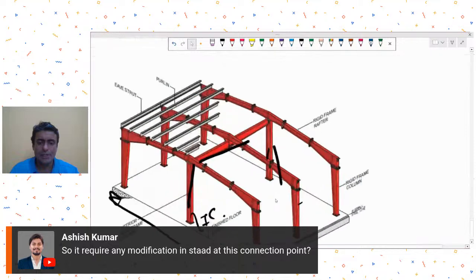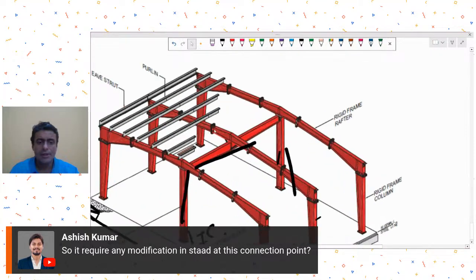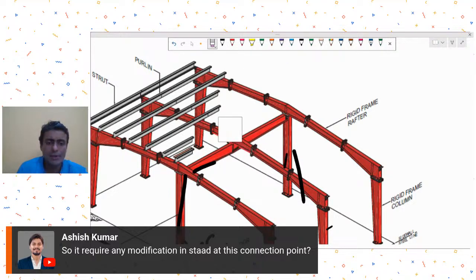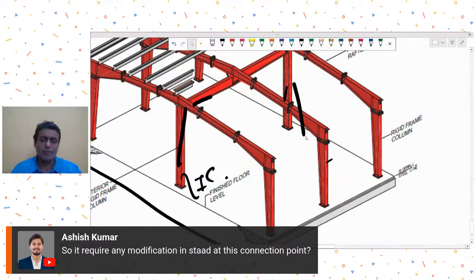This rafter is symmetric over here, so it's not a very big deal because the rafter is on either side of the jack beam. But in some configurations of jack beam, you can actually have problems with the torsion that might come in the jack beam or at the ends.